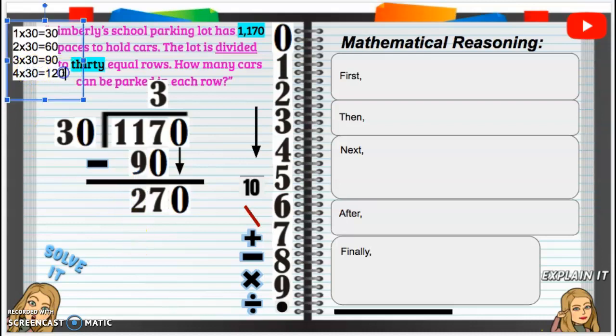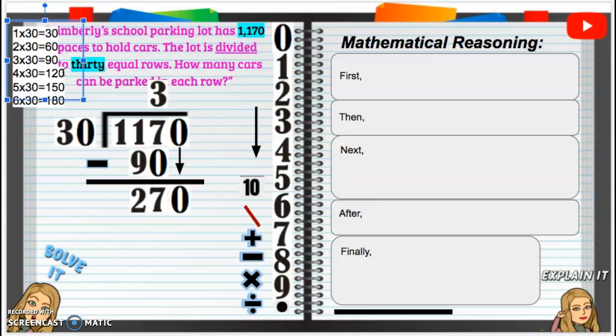So let's continue our facts here. 5 times 30 equals 150. And then another 30, which would be 6 times 30, which would equal 180.